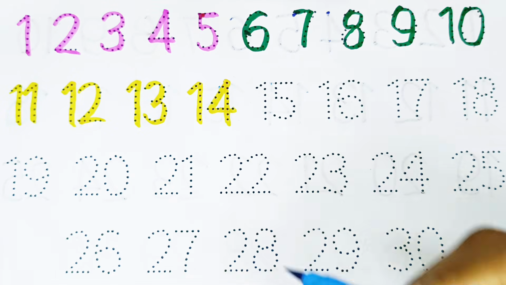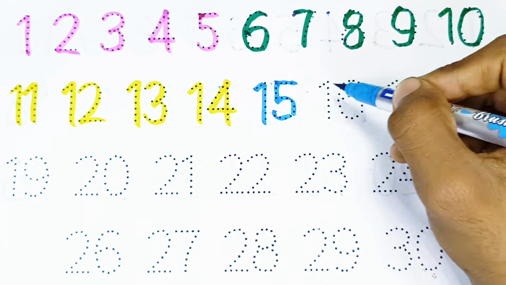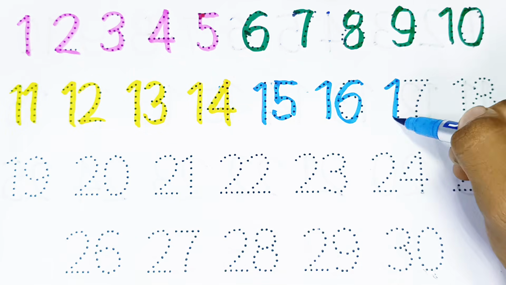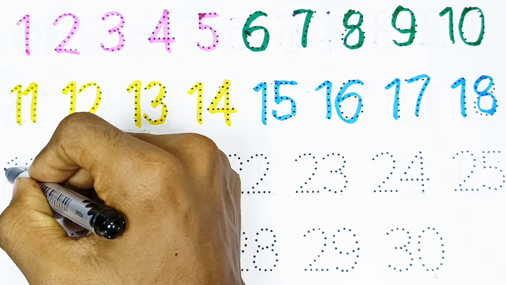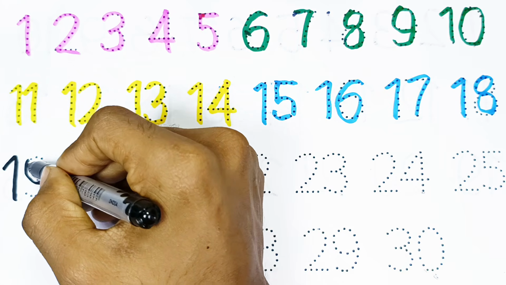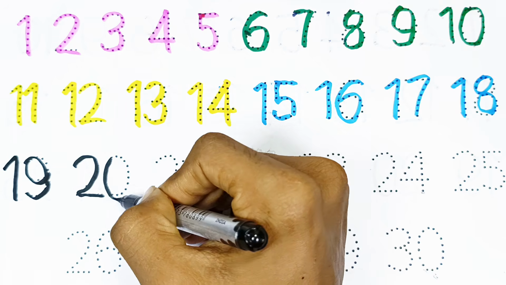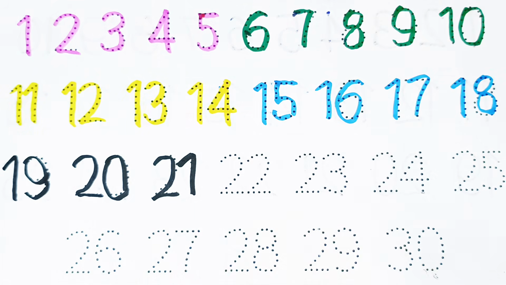The numbers of 15, 16, 17, 18. Kids, now you draw 19. The numbers of 19, 20, 21.